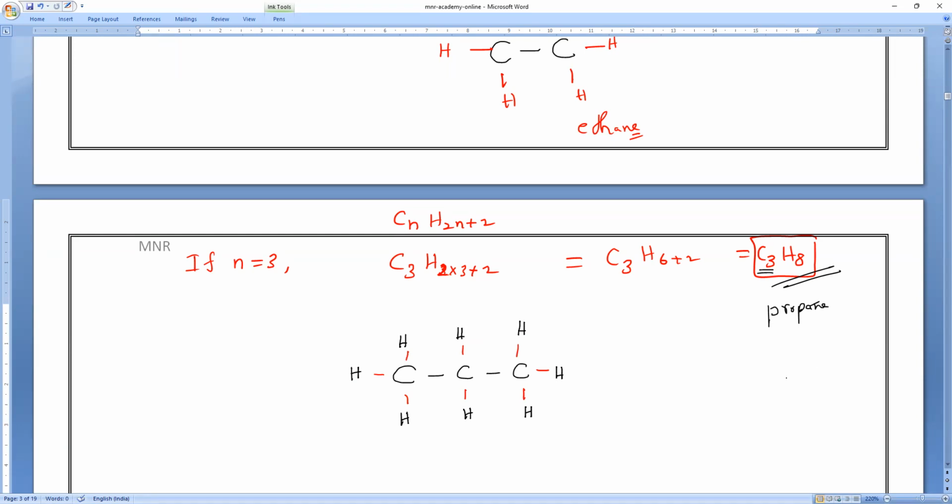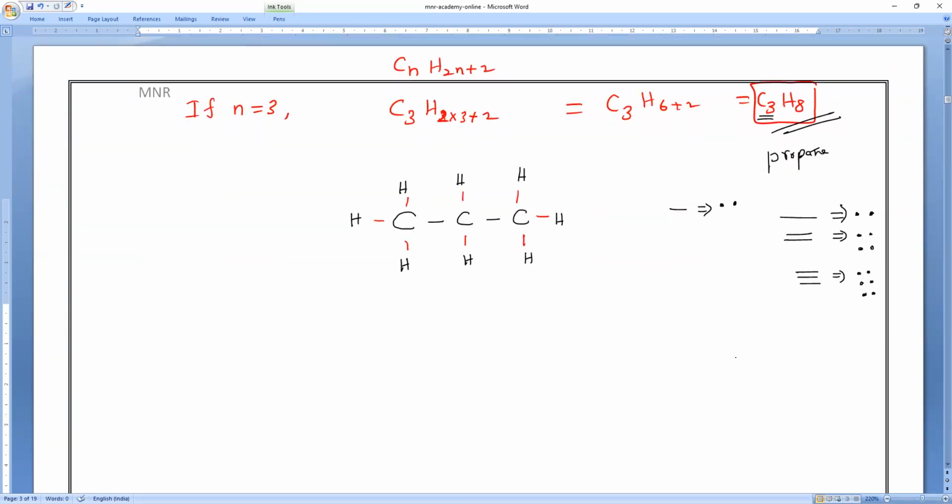And remember, we studied already: a single line represents 1 pair of electrons, 2 lines indicate 2 pairs of electrons sharing, and 3 lines indicate 3 pairs of electrons sharing. A single line indicates how many electrons? 2 electrons, 1 pair.